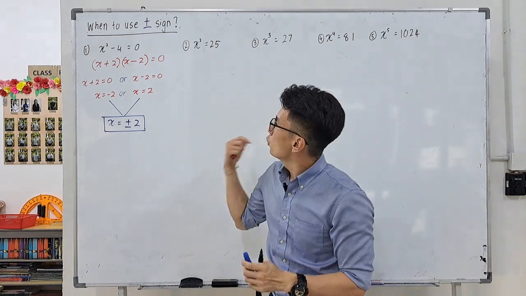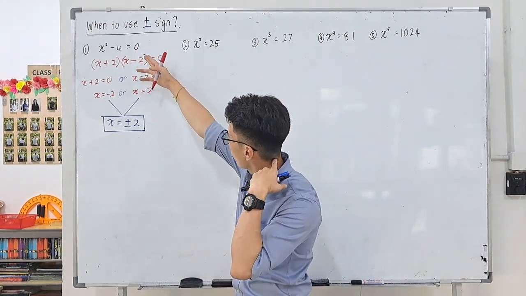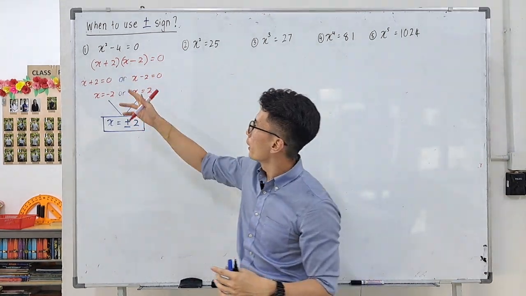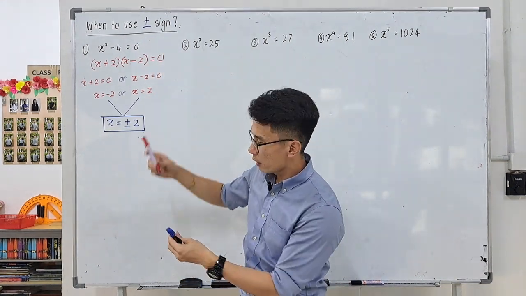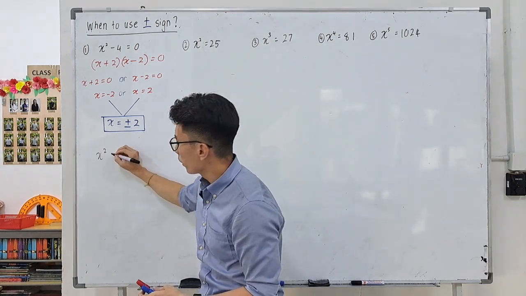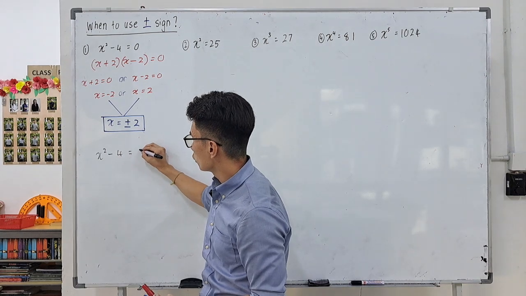But let's just say you would like to solve this question without using the difference of squares, right? You would like to solve this by moving the 4 over and taking the square root. So let me do this question again. Let's say I have x squared minus 4, and that will be equal to 0.